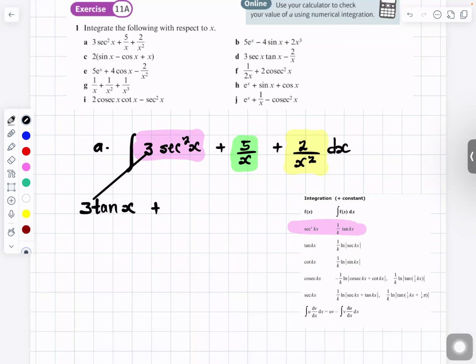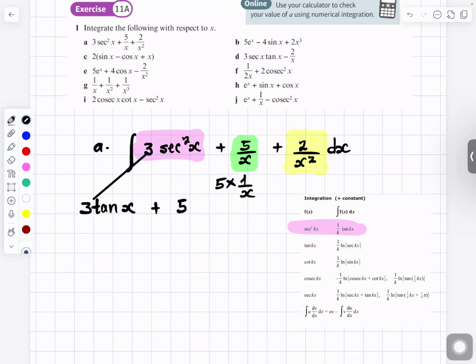Let's go to the green. 5 over x is the same as 5 times 1 over x. So 5 is just a number, and the 5 will stay the same. 1 over x. When you integrate 1 over x, what does that give you?